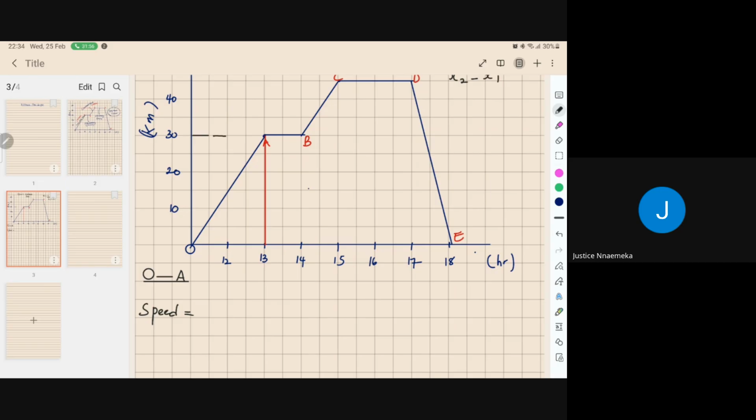This is the value of your y2. So the value here is your y2. Now trace it to the origin where it stops here. The value here is your y1.